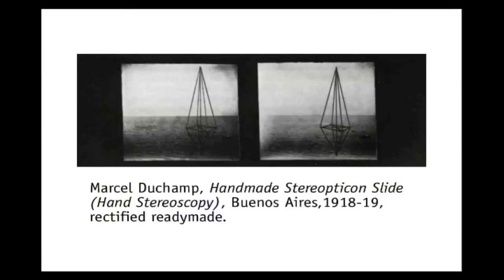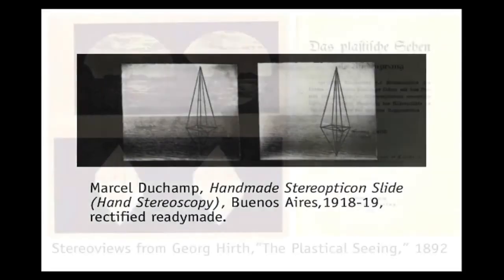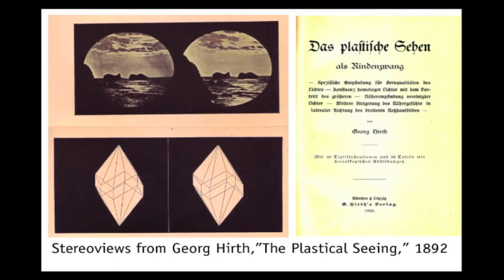So if we then look at this work that we already saw, the handmade stereopticon slide again, we can actually look at it from a slightly different angle. And this is just two of the stereoscopic cards that come together with one of these famous books about stereoscopic optics and vision, which is called the plastic seeing, Das plastische Sehen, published in 1892.